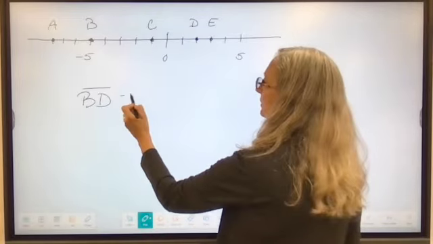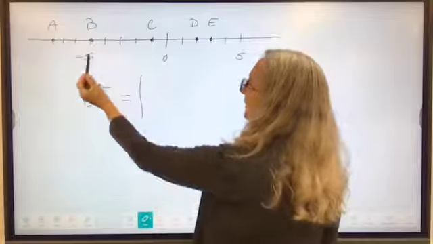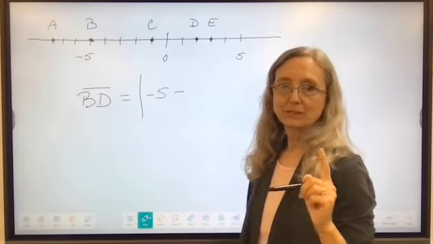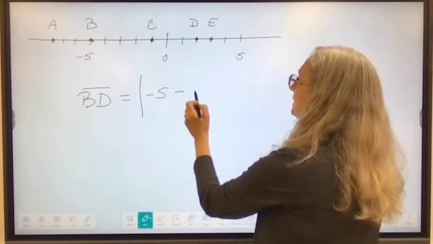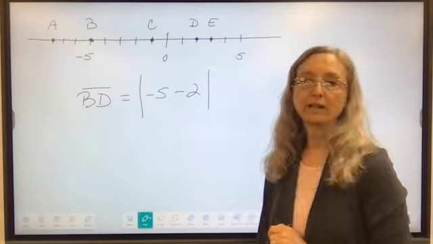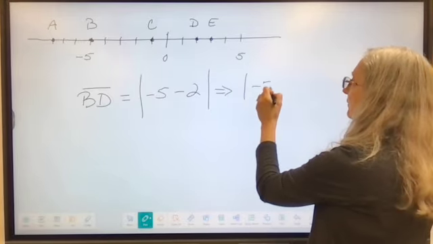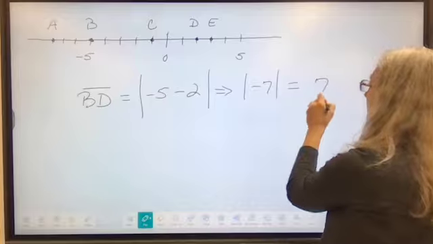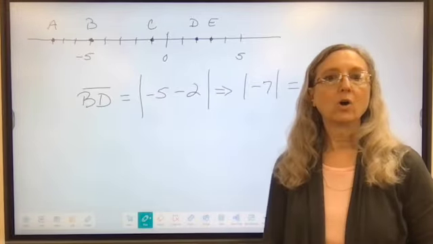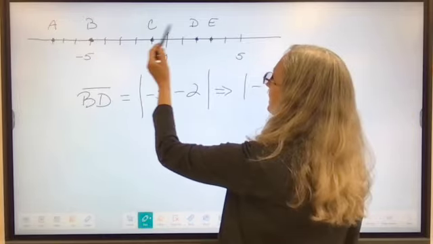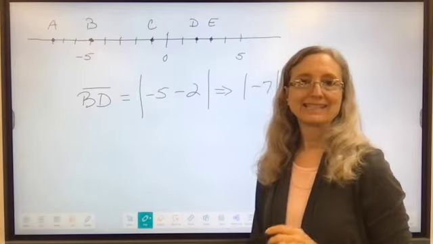So I could go -5 minus, because I'm subtracting, D, which is 2, the absolute value of that. So the absolute value of -7 equals 7. What if I went the other way? What if instead of going B minus D, what if I went D minus B?